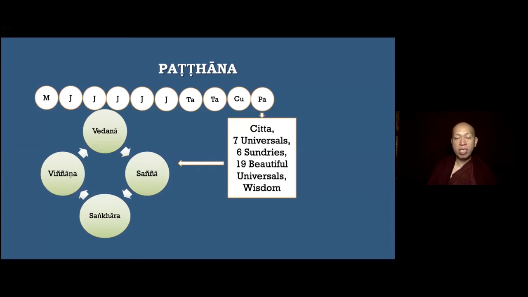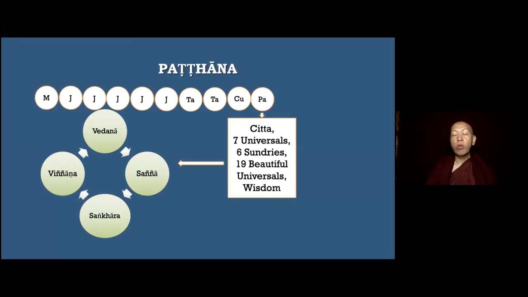One of the mental factors is also an aggregate. Sanna, perception, is also one of the aggregates. This is also a mental factor. Then Sankhara, all other mental factors are Sankhara. Then Vinnana is consciousness.